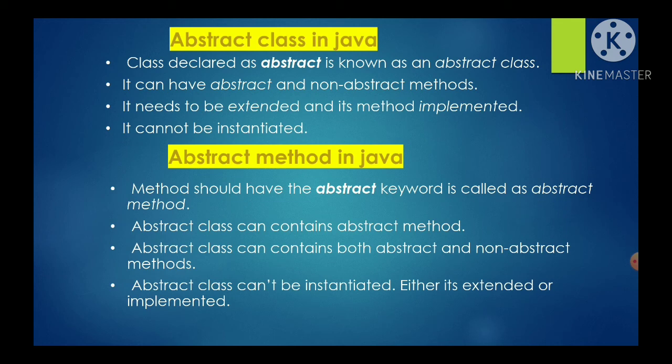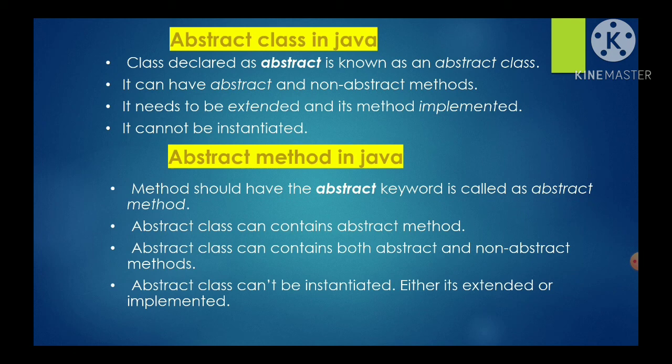If you declare an interface, then it needs to be implemented. In the next session, I will explain the difference between class and interface. And the abstract class cannot be instantiated. Instantiated means you cannot create the object for the abstract class. You can create the object for the child class.